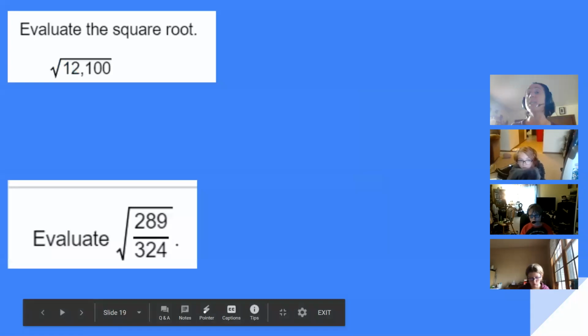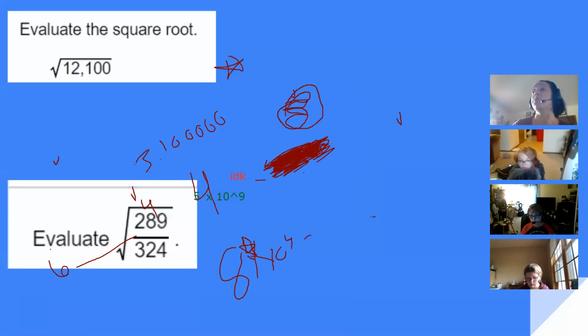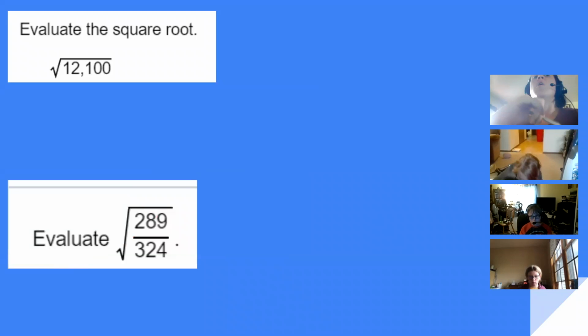Okay, so first thing I want to bring up is that all of these square roots you can evaluate right in Desmos. Seriously. So easy to put in there. It just works. I'm going to clear all that stuff off. When you're taking the square root of a number like 12,100, this looks a little suspicious, right?